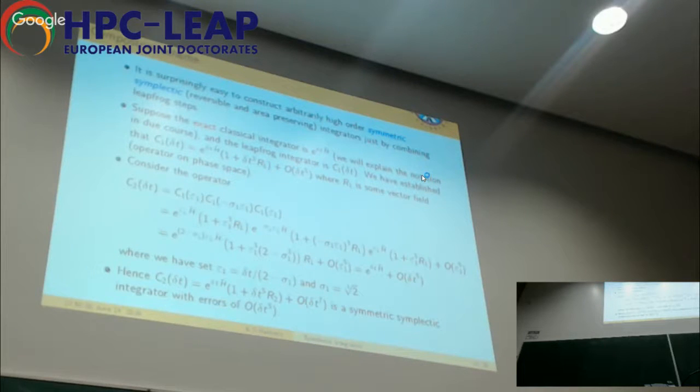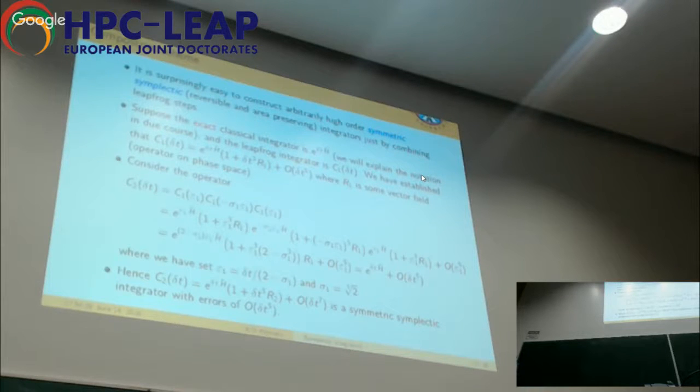And the leading correction term counts as epsilon cubed R1 for the first and last step, and minus sigma epsilon cubed R1 for the middle step. So it goes together to give me epsilon cubed times 2 minus sigma cubed times R1, and all the remaining stuff is higher order in epsilon, and as I just argued before, that means it has to be order epsilon to the fifth.